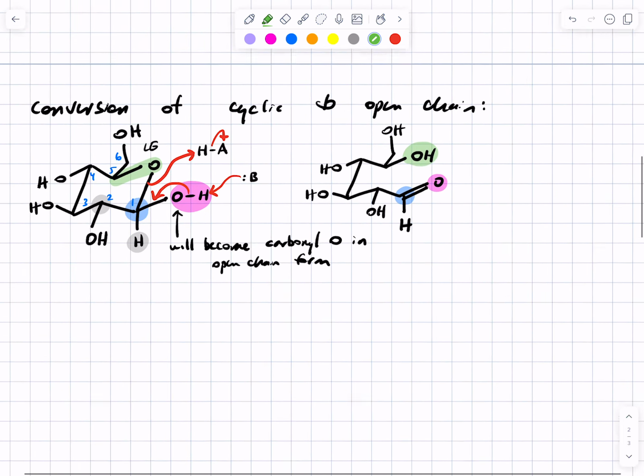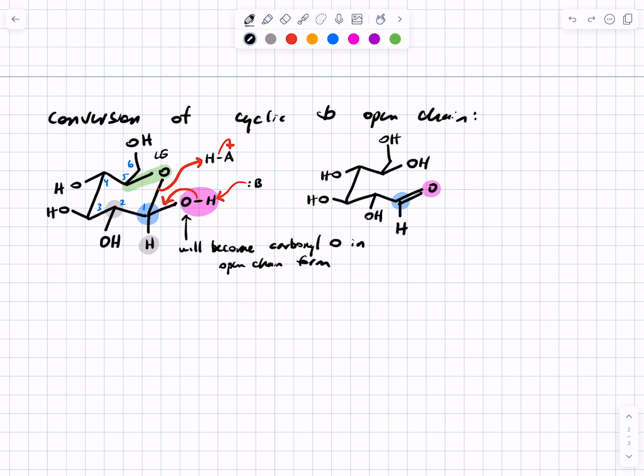The other part of that question was a related sugar. This is not the same as glucose because you've got a 5-membered ring. It turns out that this carbohydrate also has 6 carbons.